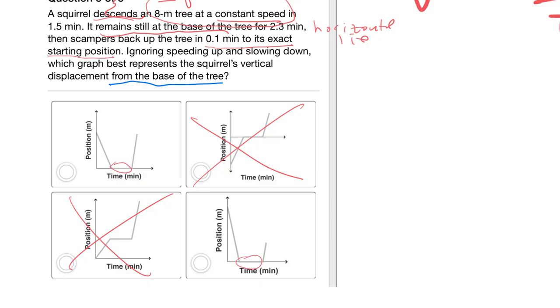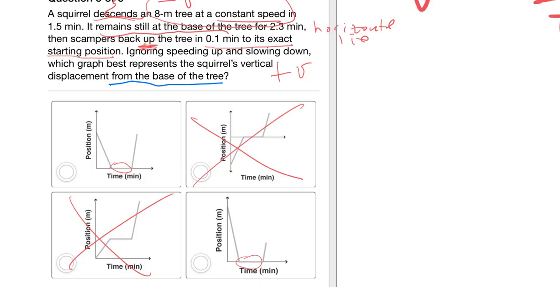Okay, so both of these he has the upward velocity. That means a positive velocity because he's going up. So we got positive velocity. It doesn't say he's going at constant speed, but both of these have constant speed, looks like.